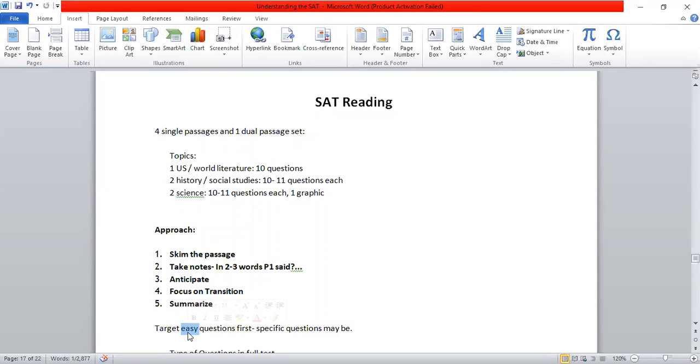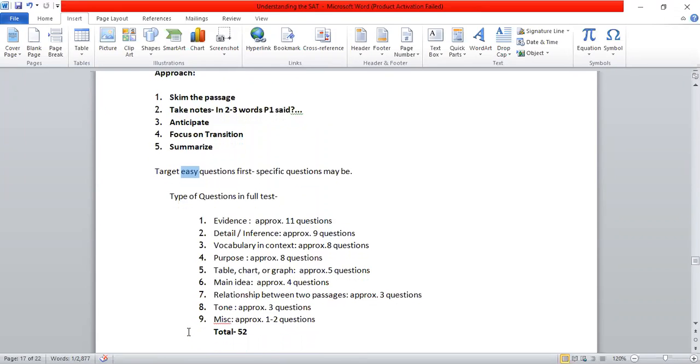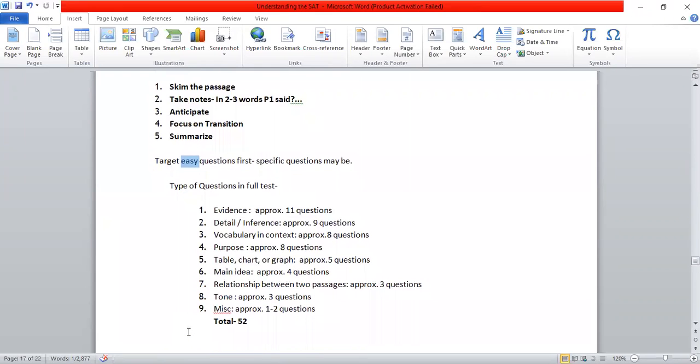Okay, let's move further. The types of questions that I was talking about all this while, we can categorize easily into these words. You have something called an evidence-based question, which asks how you got the previous question correct. Where is the key located? An evidence question could follow a detail, vocab and context, purpose, or any other question.